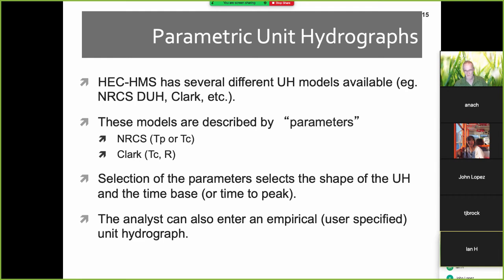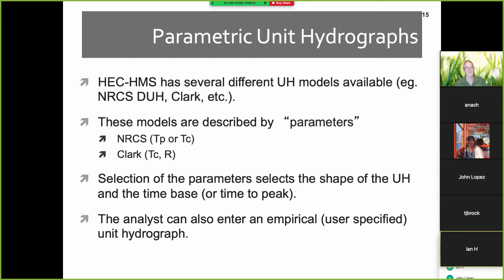Some examples of the parametric unit hydrographs that are built into the computer programs. In HEC-HMS, there's the NRCS dimensionless unit hydrograph, Clark unit hydrograph, I think there's Snyder, there's a few other ones, and they get named after people. All they really are are probability density functions with one or more parameters.